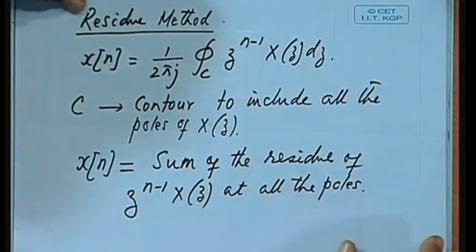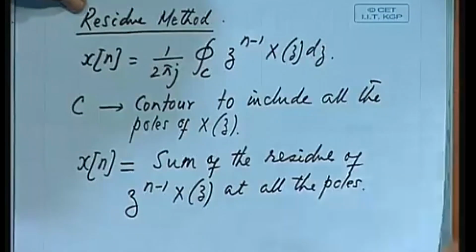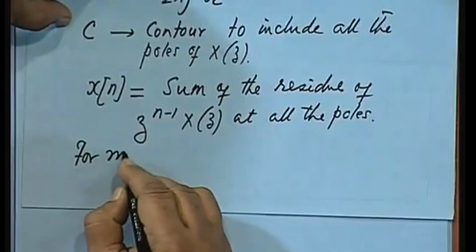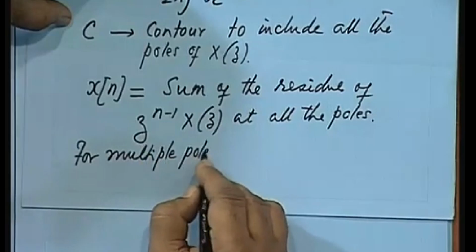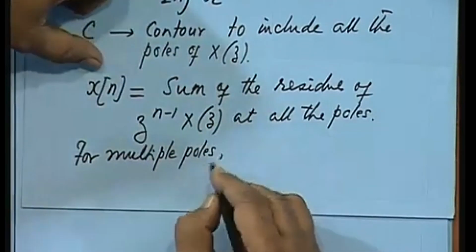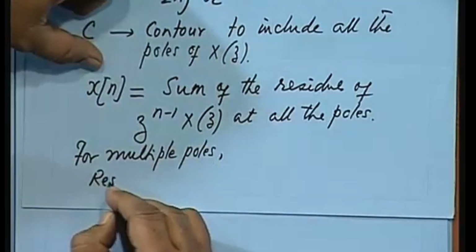And for multiple poles at a particular location, the residue is calculated.